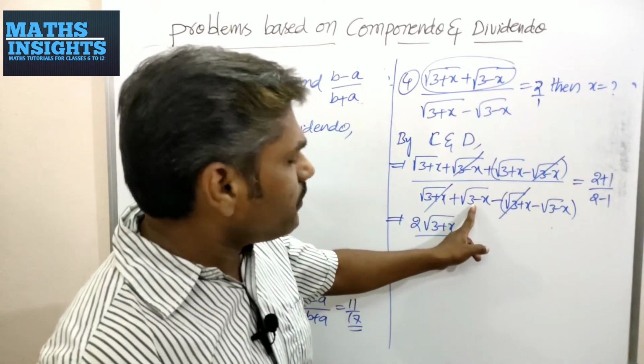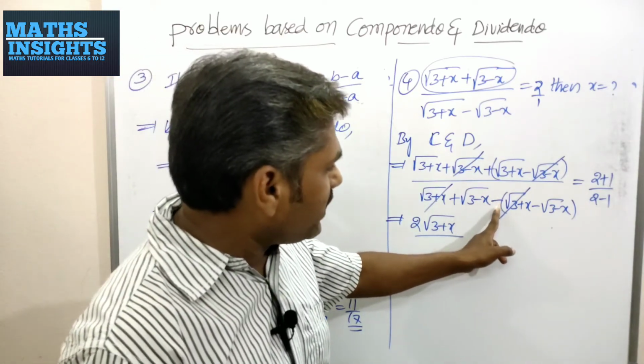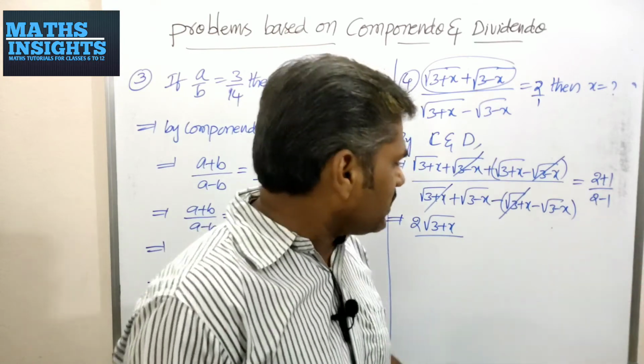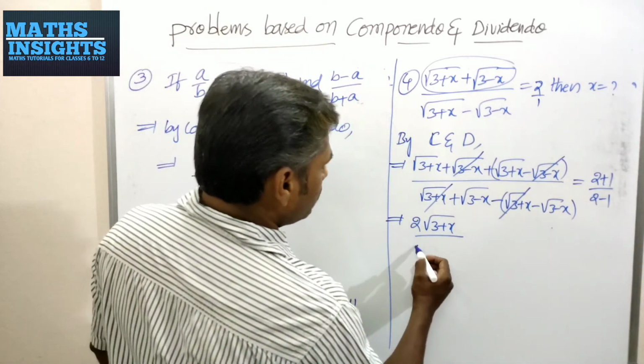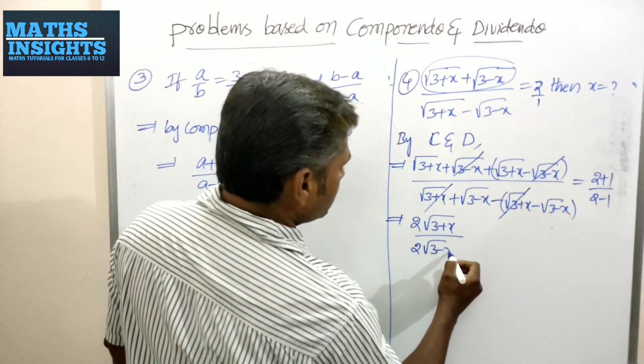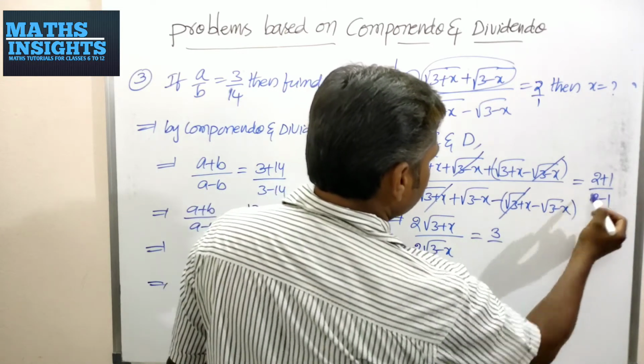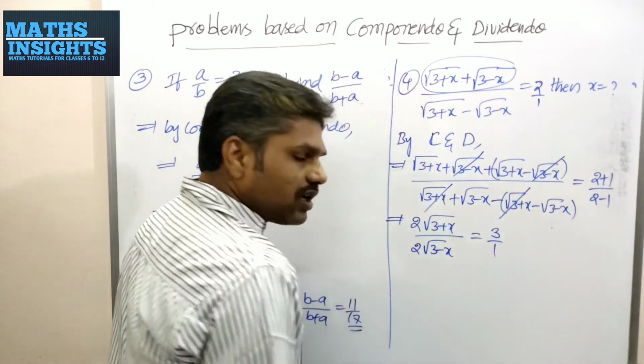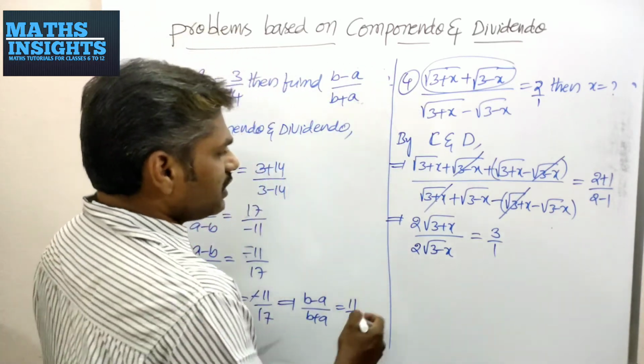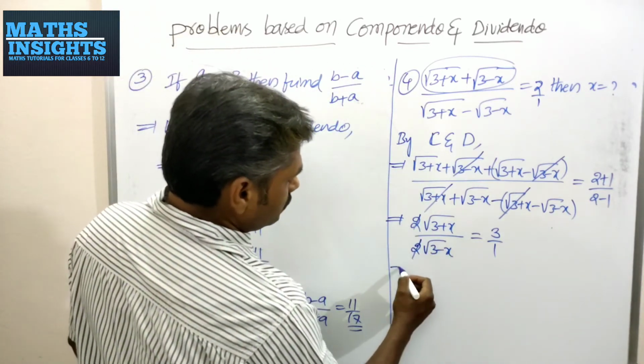So here you have square root of 3 minus x and minus of minus will become plus, therefore again it will become 2 into root of 3 minus x, that is equal to, what happens, this is 2 plus 1 is 3, 2 minus 1 again 1, okay. You can cancel these two.